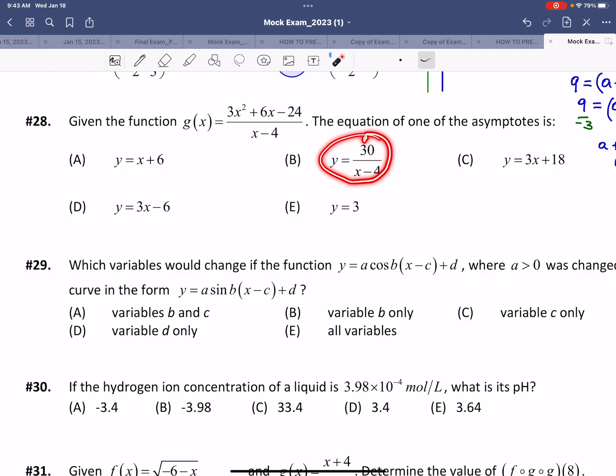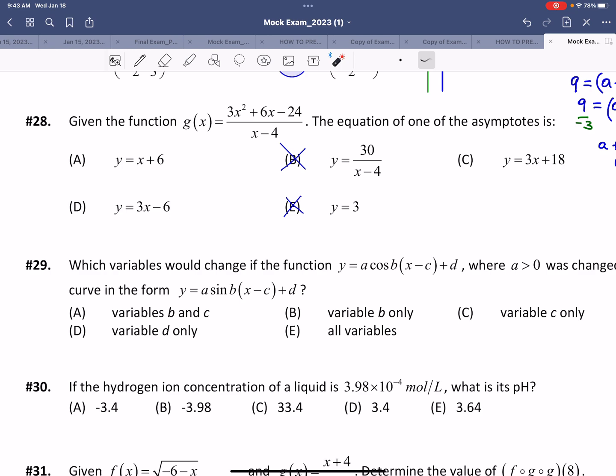So it's neither horizontal nor oblique. So first of all, I would exclude the options that cannot be possible. So in this case, this will go first because the asymptote cannot be in rational form. And this one here has to go as well because this function does not have a horizontal asymptote.